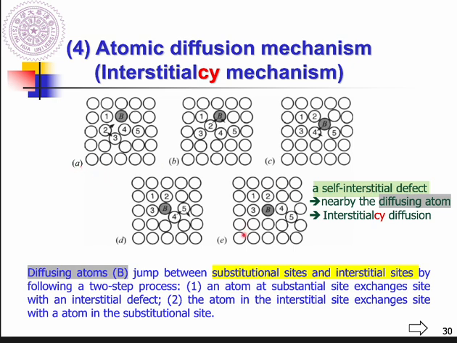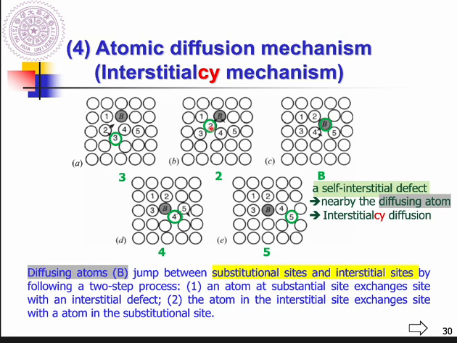We call it a self-interstitial defect. So from A to E, you can visualize the diffusing atom B, and there's a self-interstitial defect at number 3. This atom pushes atom 2. Now atom 3 is located at a lattice point, then atom 2 is pushed into the self-interstitial position.